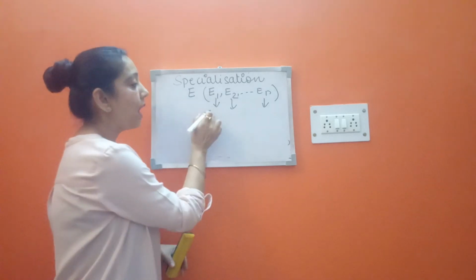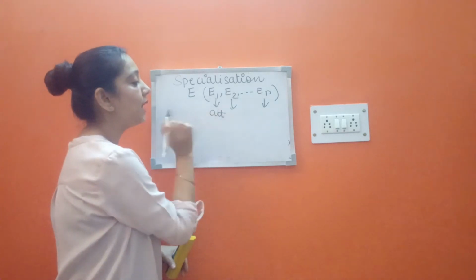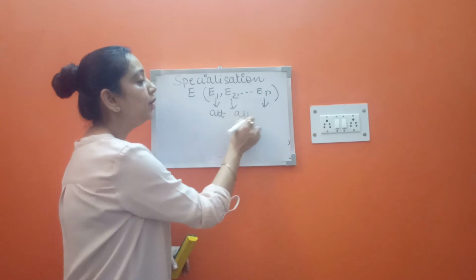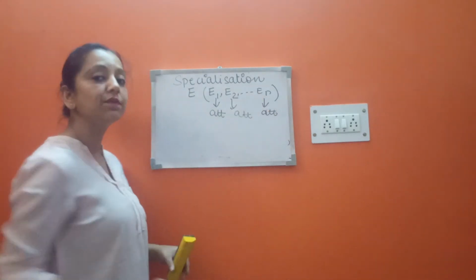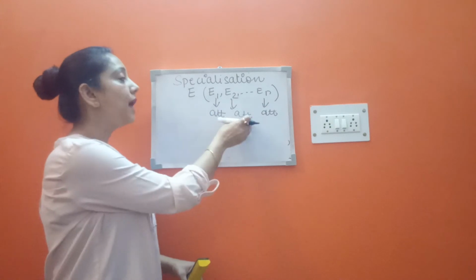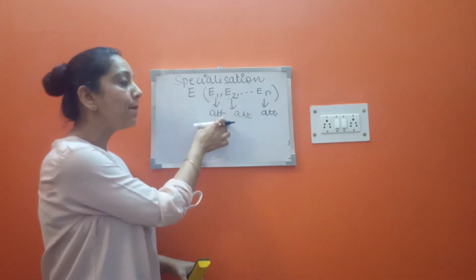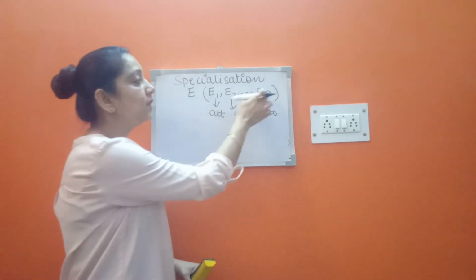E1 may have its own attributes, E2 will have its own specific attributes, and En will have its own specific attributes. These attributes are specific to these subgroups. They will not be common among these subgroups.